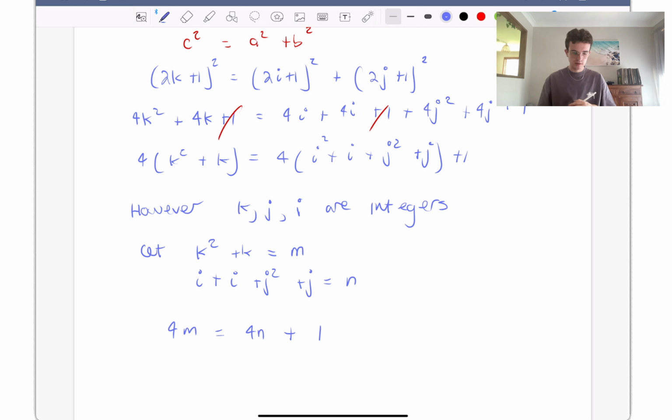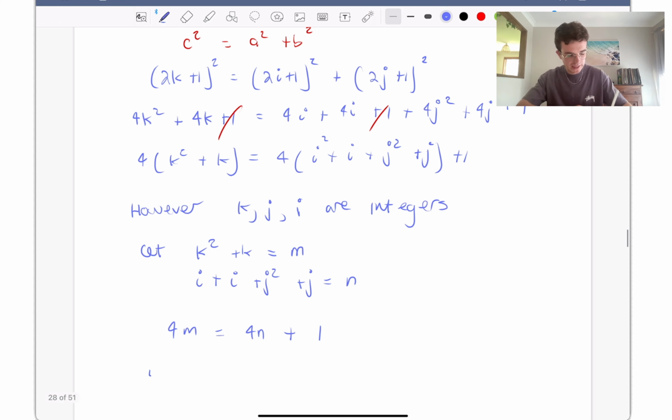Right. That is not possible to have integers, a Pythagorean triad, this is not possible because we're saying that this is equal to this, but this is a multiple of 4 and this is not a multiple of 4, so they can never be equal to each other if we're talking about integers.